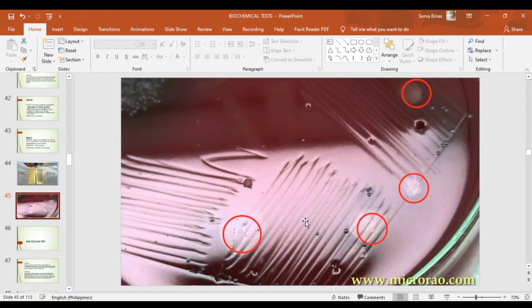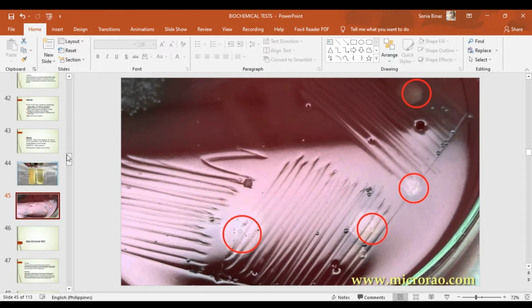So yung may mga bilog, dati siya may colony. Nag-lyse lang after lagyan ng ating reagent. So, kapag nag-lyse yan, makikita natin na matitira na lang yung zone, or yung ating pagka-alpha hemolytic. So, ibig sabihin siya ay isang Streptococcus pneumoniae.